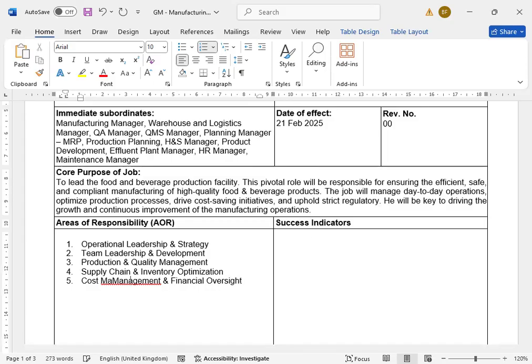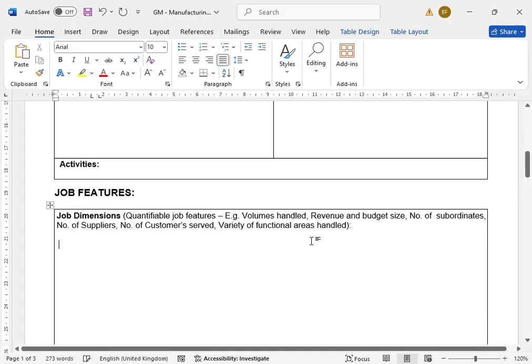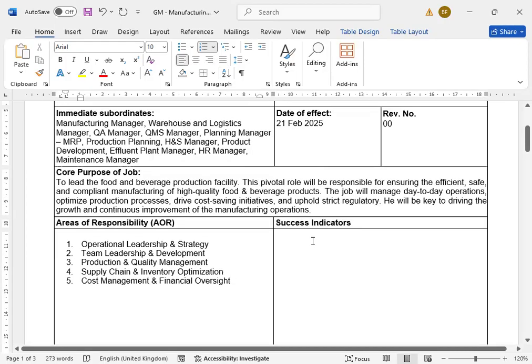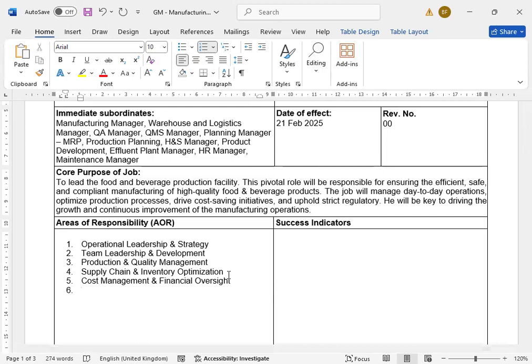Okay. I'm just gonna delete these two letters. All right. So as I promised to you, I'm gonna make six important key responsibilities for this role, and the last one would be regulatory compliance. We should not forget this because this is very important.